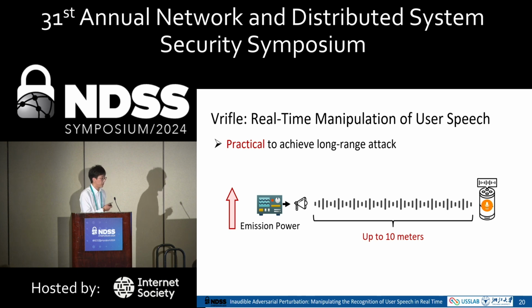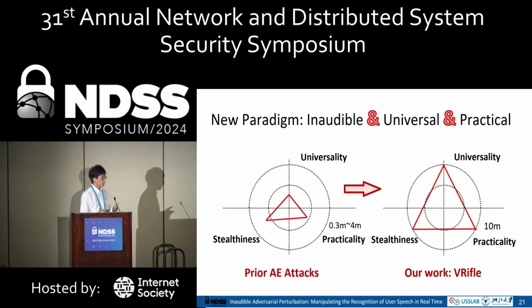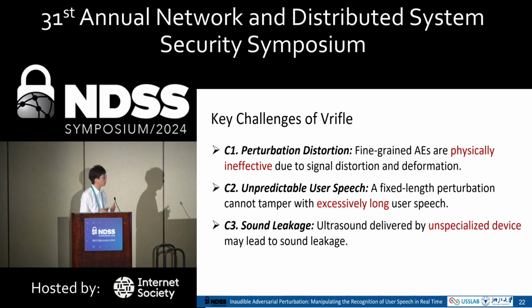Moreover, as VRIFLE is inaudible, by increasing the emission power we can even achieve a very practical long-range attack, even at 10 meters away from the victim device. So we can see the potential of a new AE paradigm with completely inaudible yet universal and practical attacks. To implement VRIFLE, we still need to address 3 key challenges.